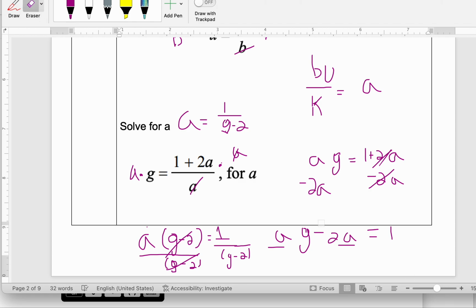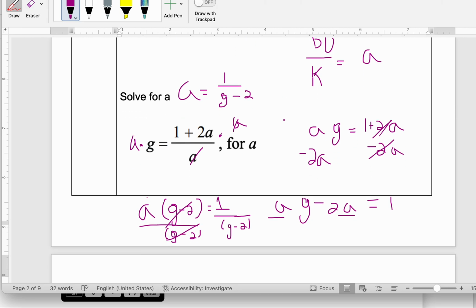I can't find the eraser, so we're going to leave that G as is. Okay, it's a little bit better. All right, so A equals 1 over G minus 2.